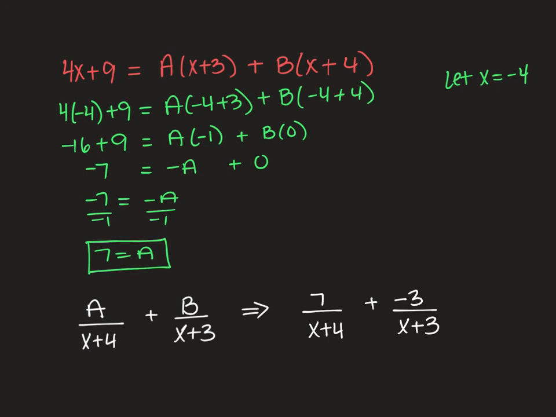So the partial fraction decomposition, if you want to make this one sign, you would say 7 over x plus 4 minus 3 over x plus 3. And that would be your partial fraction decomposition.